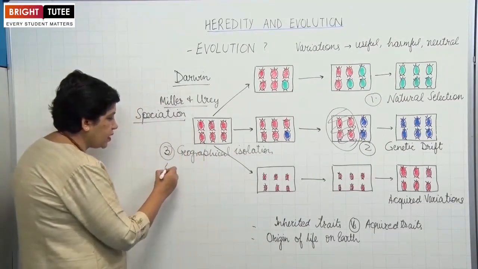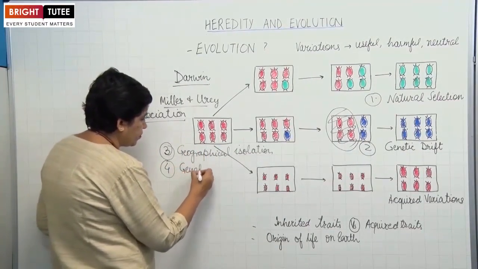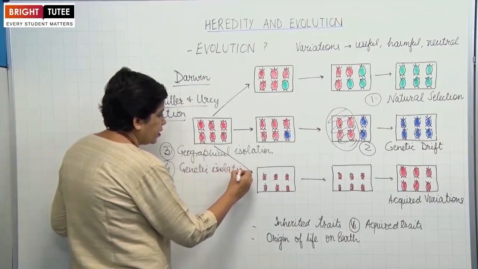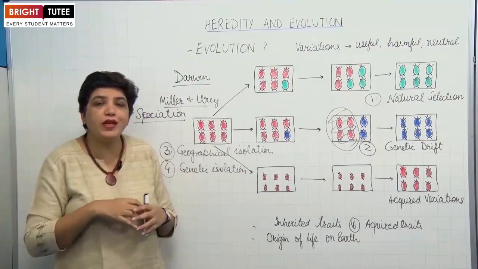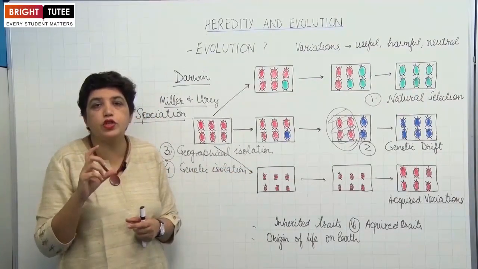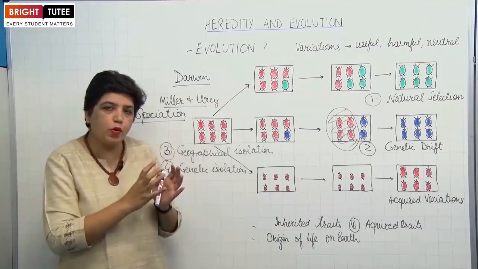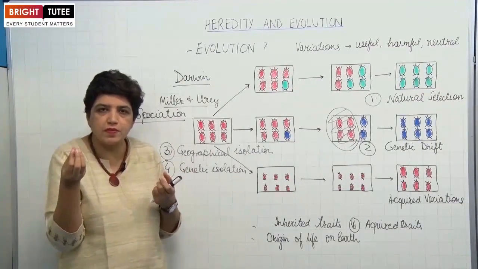Another process could be genetic isolation. Genetic isolation means there were certain very drastic changes in DNA formation, which we call mutation. Among one population, there were some drastic changes in a few organisms.